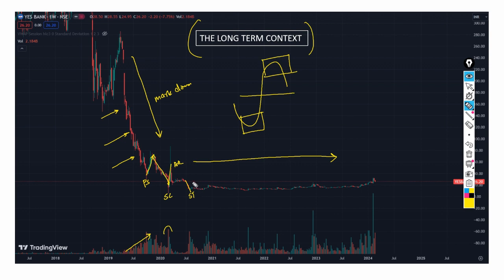It has been holding similar levels for such a long duration, about 4 years, and that also with huge volumes.